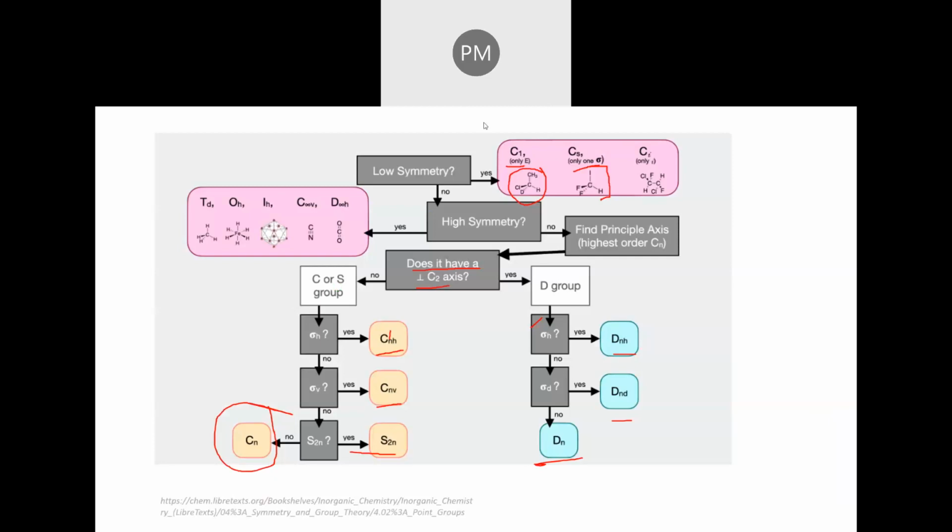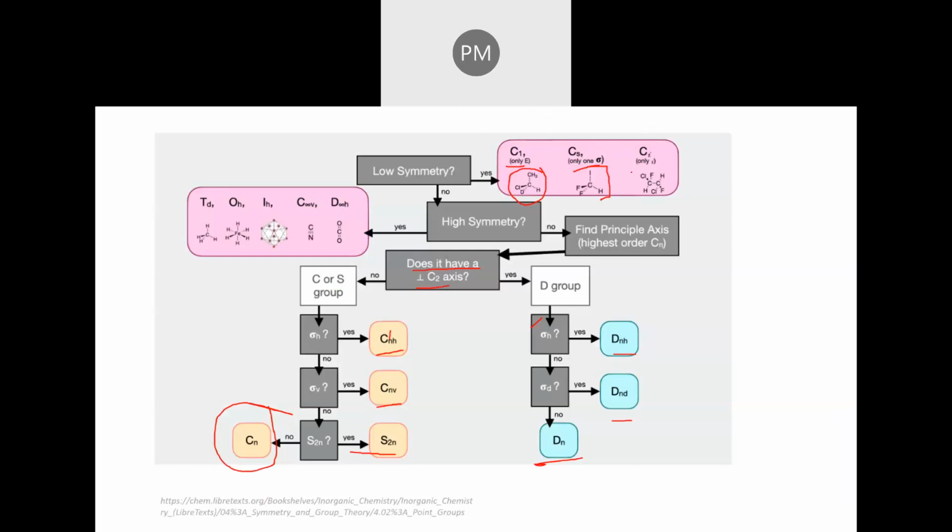Then we have to learn about the symmetry of a molecule. The symmetry of a molecule will tell us what symmetry elements are present in that molecule, and how we can identify whether they are present or not.